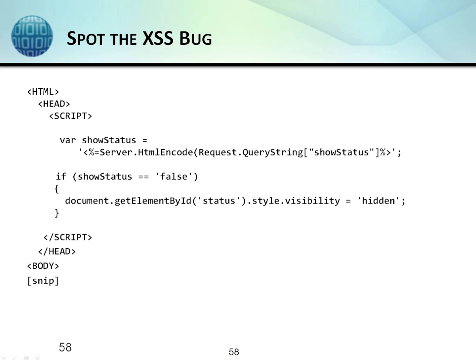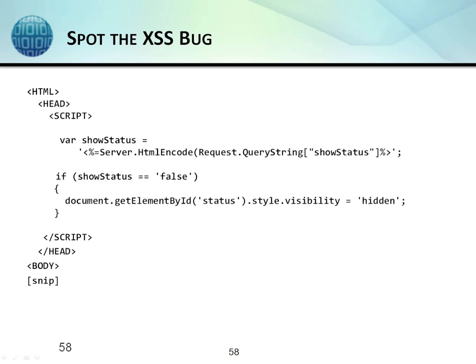That's what this angle bracket percent equals essentially means. It's writing into the response, and that's being wrapped with a call to HTML encode. If you had angle brackets in your show status variable here, HTML encode would convert them to the HTML entity equivalent, and so they wouldn't be treated as actual meta characters.